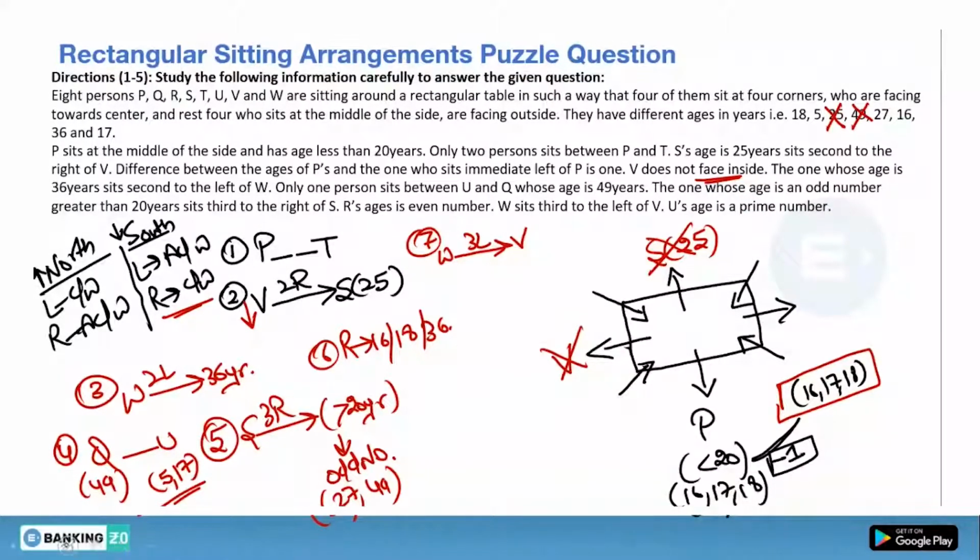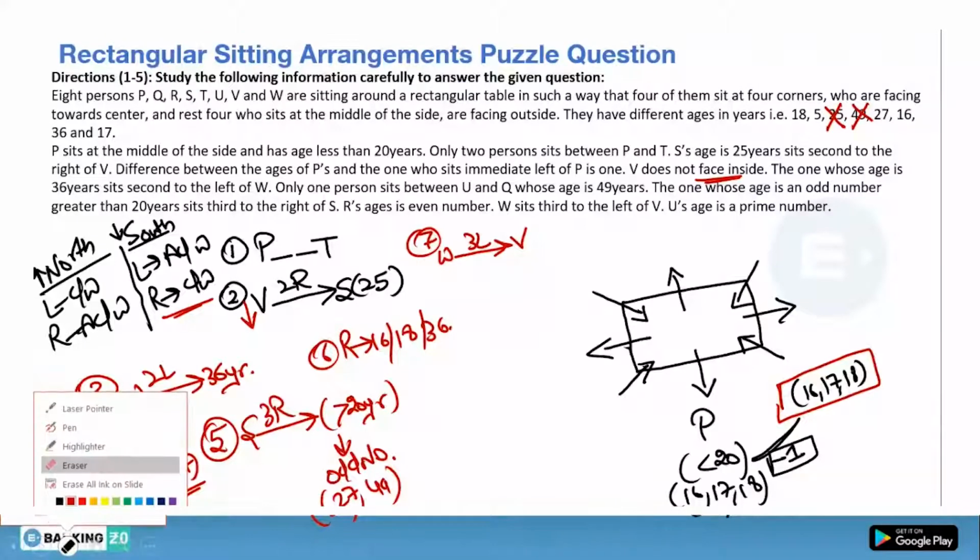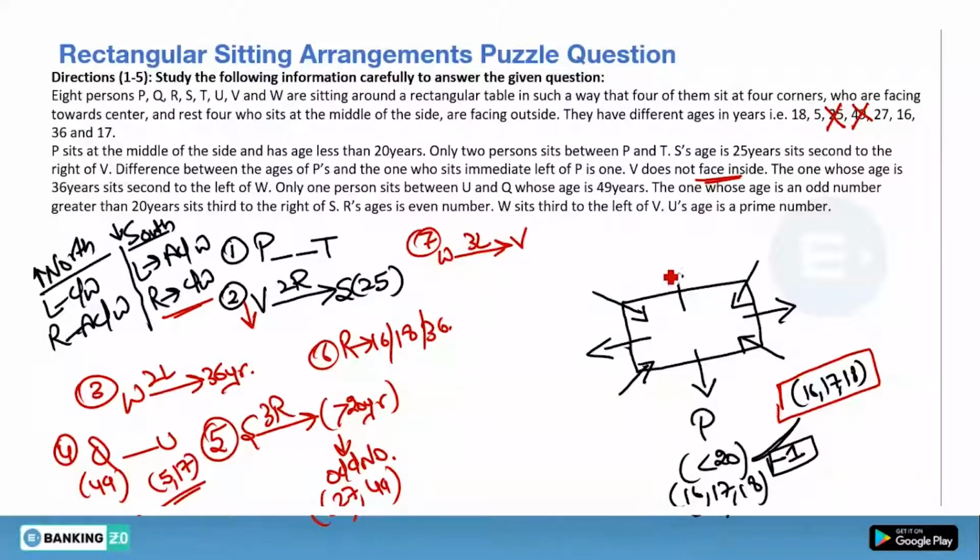So this possibility of V is eliminated. You can do this mentally. I am just telling you how to eliminate the possibilities and try to solve the question in a single diagram only. Just assume V is here because this is also facing outside.